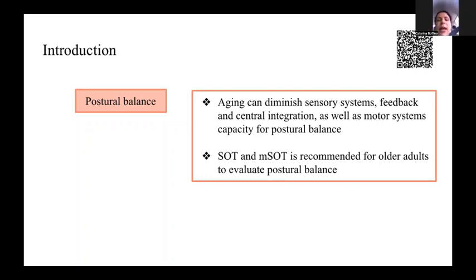And this can lead to postural balance deficits. For that we have the SOT and MSOT, the Modified Sensory Organization Test, recommended for evaluating postural balance in older adults. Please, next slide.